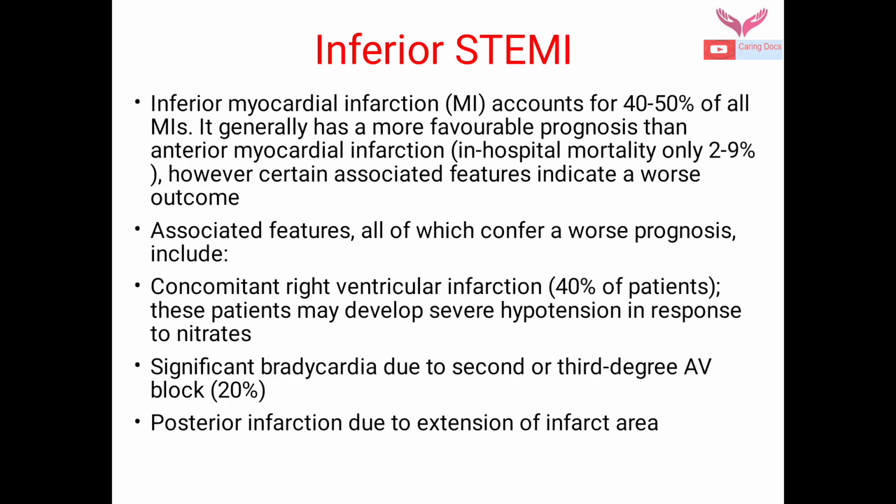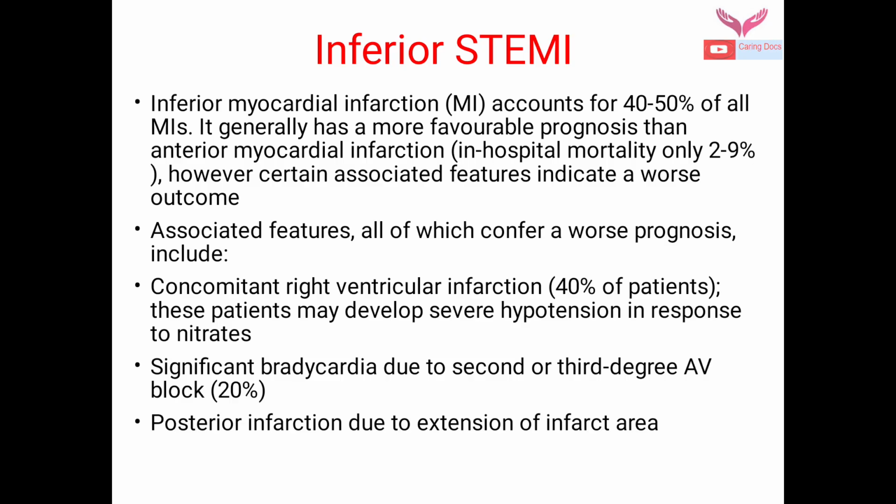Inferior wall MI accounts for 40 to 50% of all MIs. It generally has a more favorable prognosis than the anterior MI. That is, in-hospital mortality is only 2 to 9%. However, certain associated features may indicate a worse outcome.